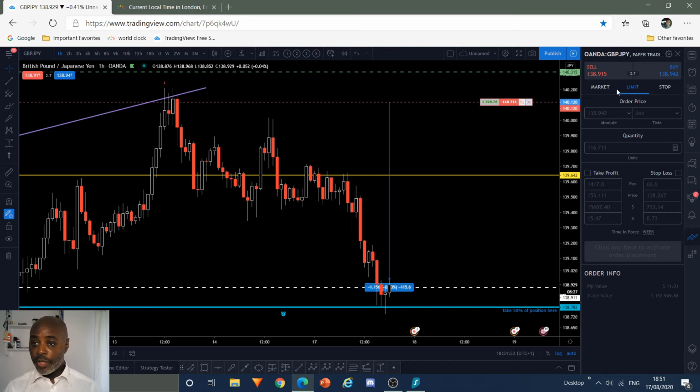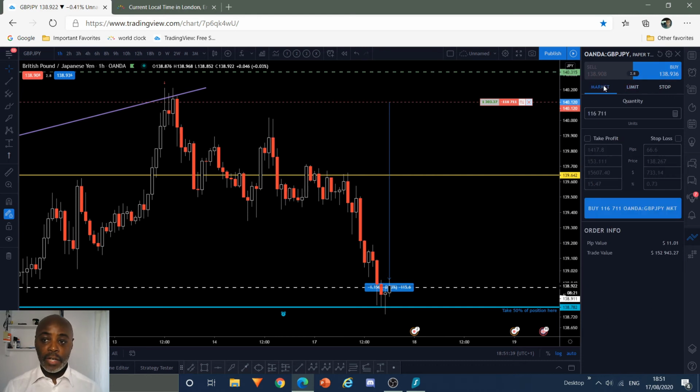So what I do is put in that I want to buy this market, and I want to buy it at market. What market means is I buy it at the price we're at right now. And I only want to buy 69,489 of this position. So let me enter 69,489.